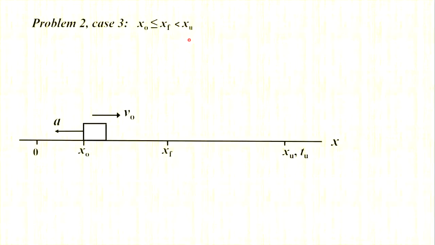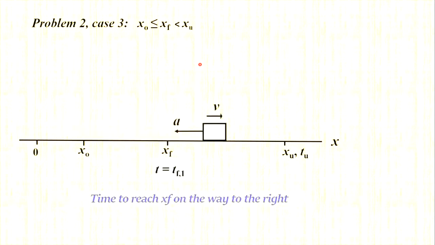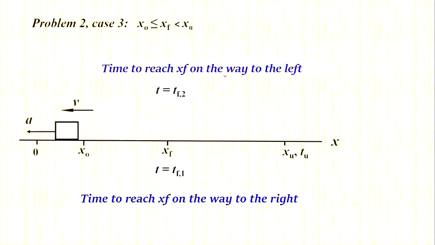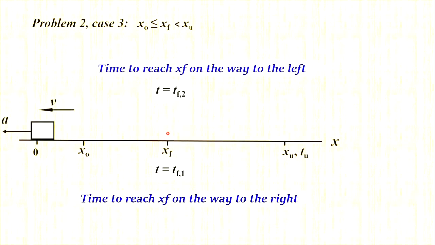The next case relates to the situation when the point of interest is between the initial point and the U-turn point. In this case, the motion of the object is the following. The object moves to the right and to the left, and it passes the point of interest twice.